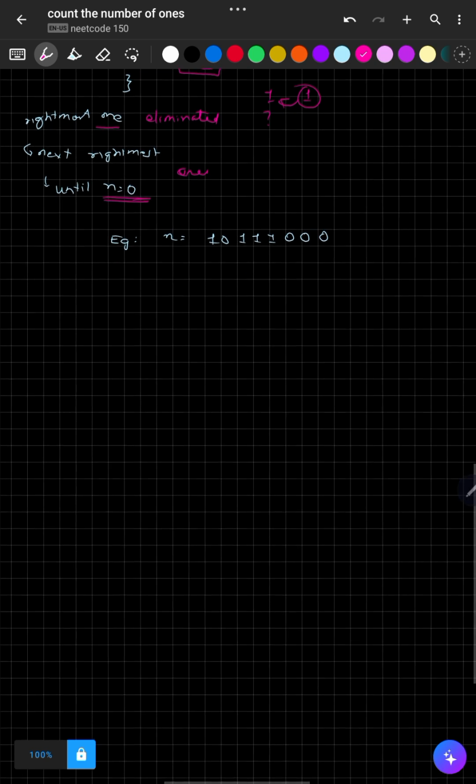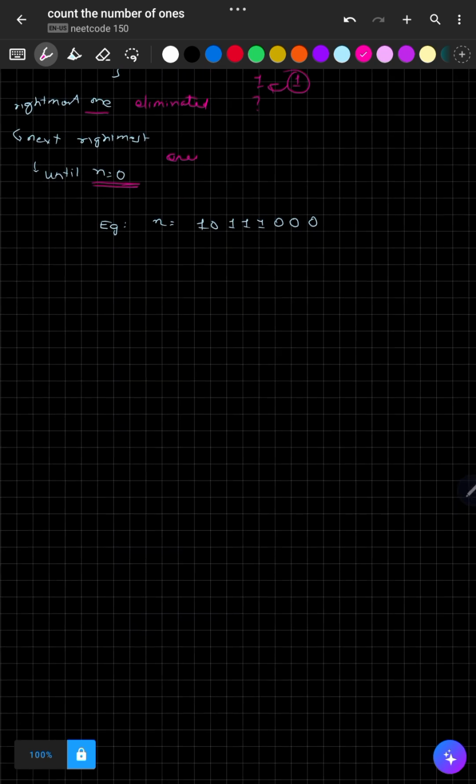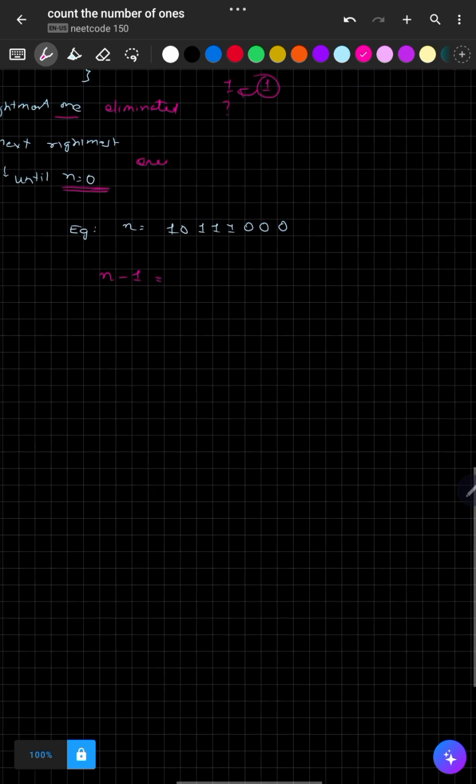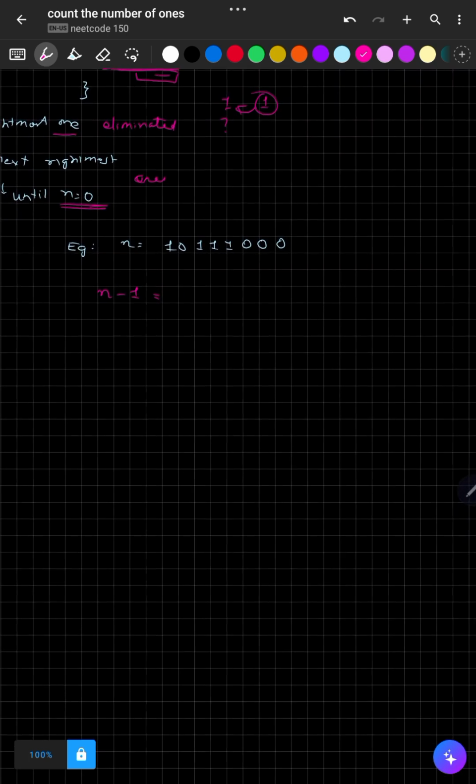Let's take an example. If n is equal to 1011100, let's just take any random number. Now suppose you write n minus 1. Do you understand that the rightmost one available is this particular one, right?